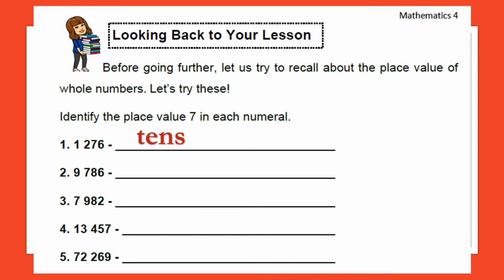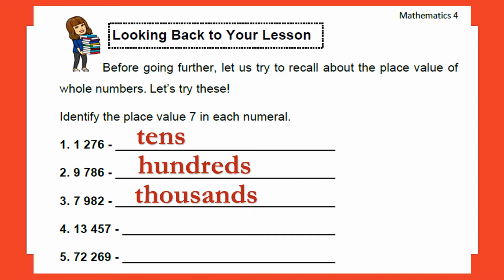Correct. Hundreds. Next, number 3. 7,982. What is the place value of 7? Absolutely correct. It's 1,000. Number 4. 13,457. What is the place value of 7?